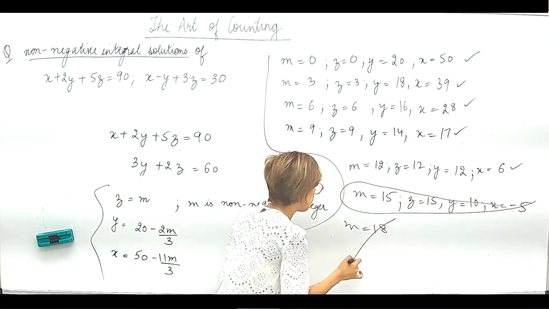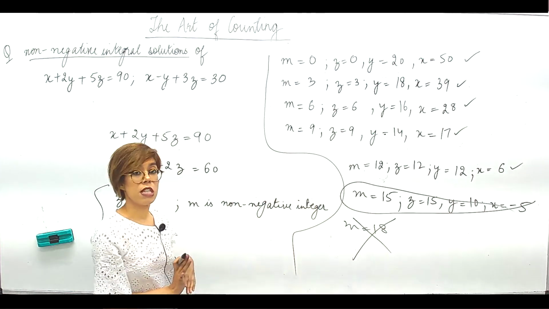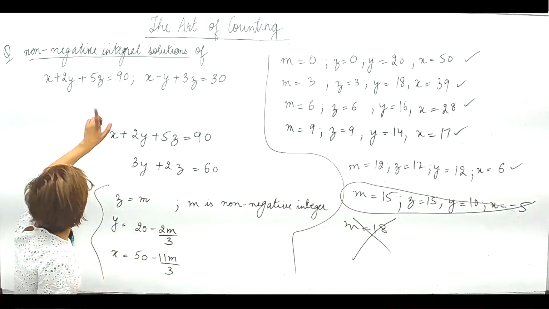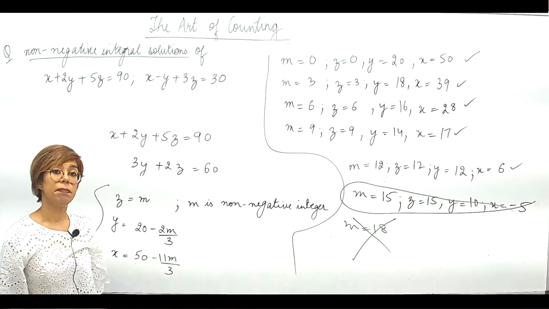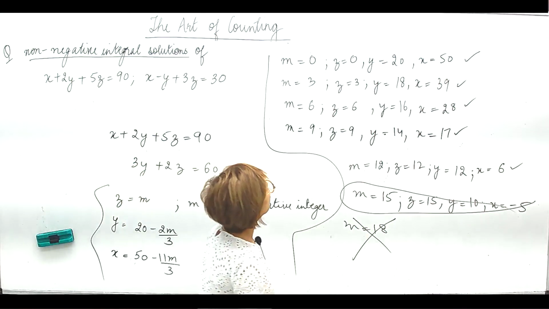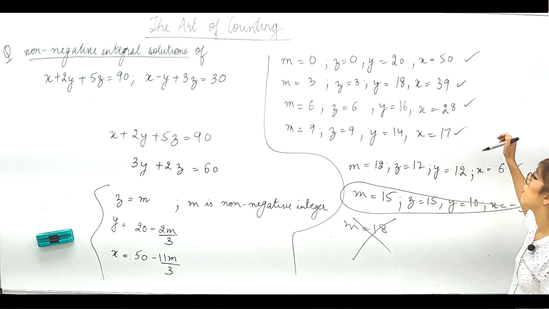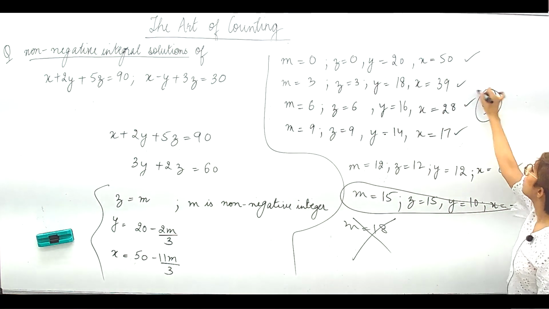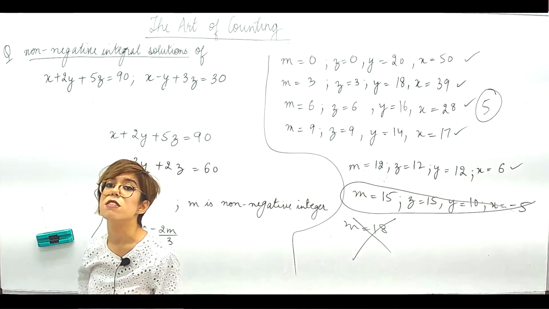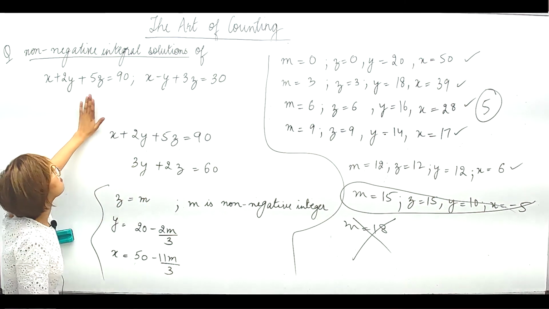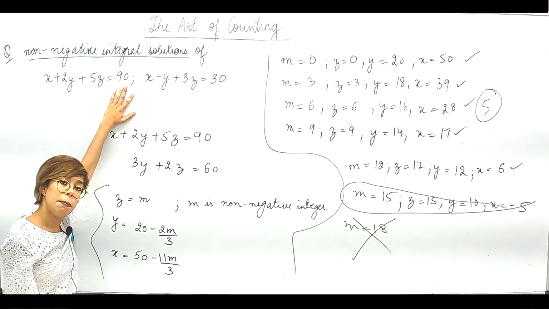So, इसके आगे तो I will not be getting any solution. I will not be getting non-negative integral solutions, which I'm interested in. So, how many solutions are there? 1, 2, 3, 4, 5. Just 5 solutions. Just 5 non-negative integral solutions of the system of equations.